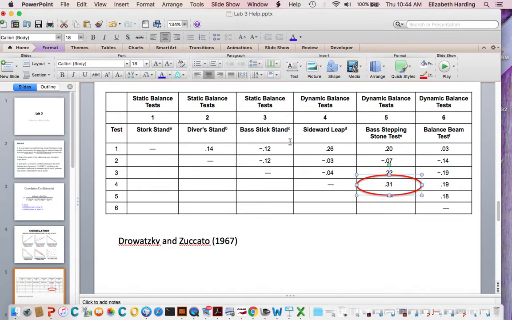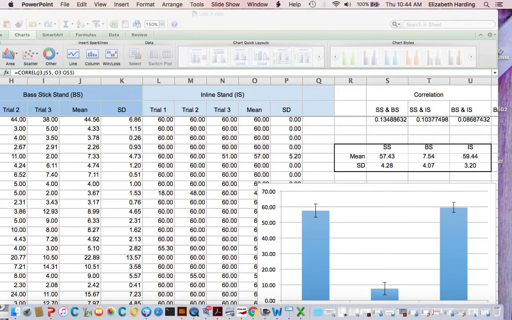Now, between static and dynamic balance, really the next highest we have is a 0.26. That would be a relationship between the sideward leap test and the stork stand test. But still, not a very strong correlation, right? We want at least a 0.5 to make any kind of inference that something is related to something else. So our results seem pretty consistent with those that have gone before us.